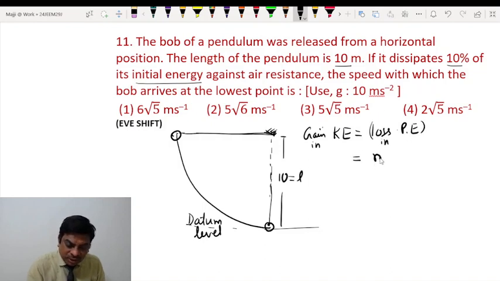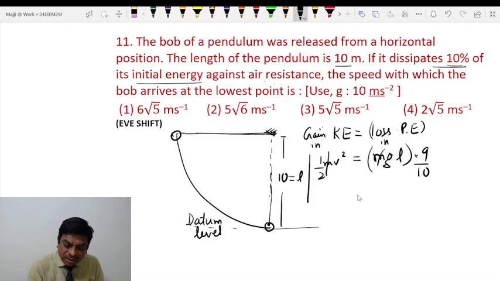Potential energy lost is mgh, h is L. However, it is clearly given that the entire potential energy lost doesn't get converted into kinetic energy. Only 90% of it gets converted because 10% gets dissipated. So 90% of this gets converted into kinetic energy. m gets cancelled, so we have v square is equal to 2gL into 9 by 10.